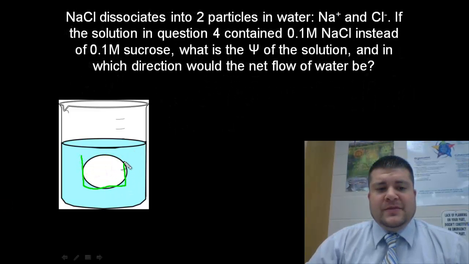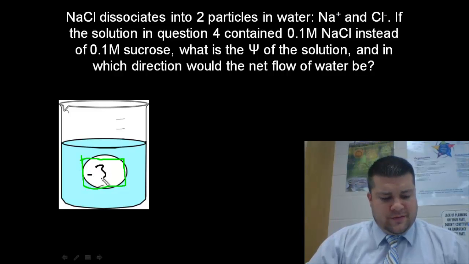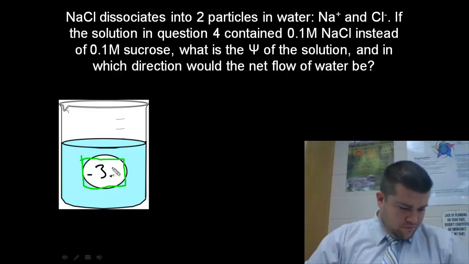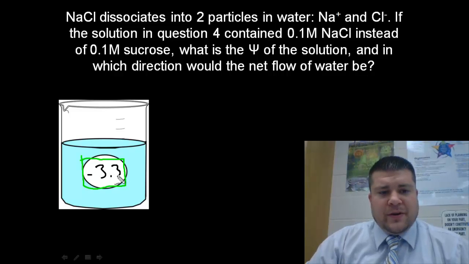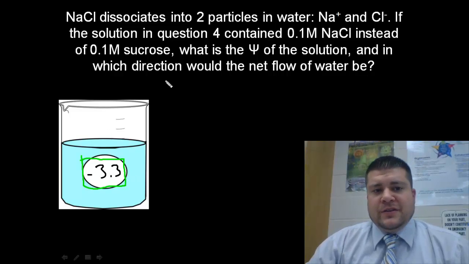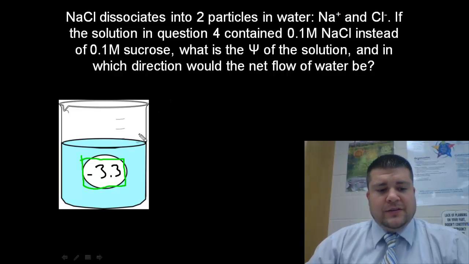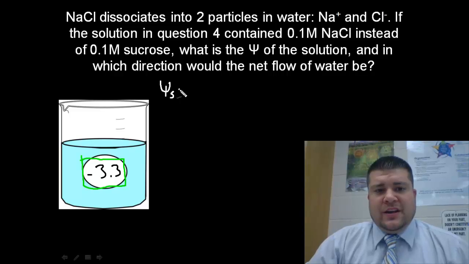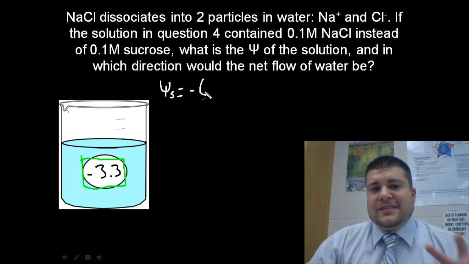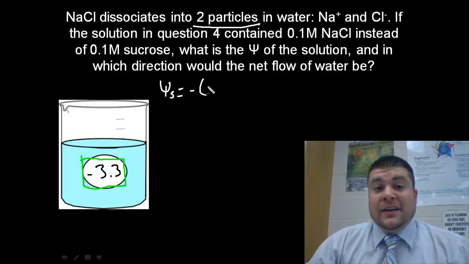If we took that same cell, which I believe was negative 3.3, and we put that into a solution full of salt, the psi S would change just a little bit. It would still be negative, but this time, because it's salt, it dissociates into 2 particles, unlike sucrose.